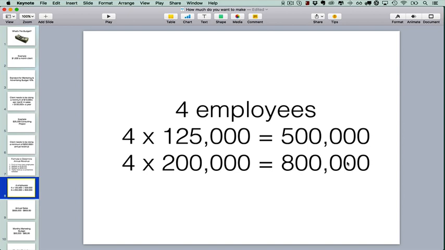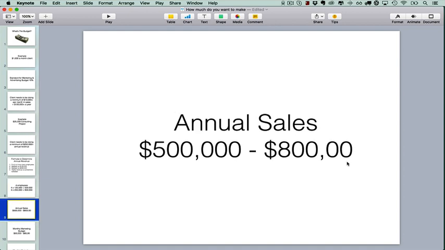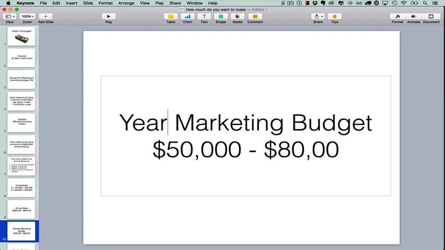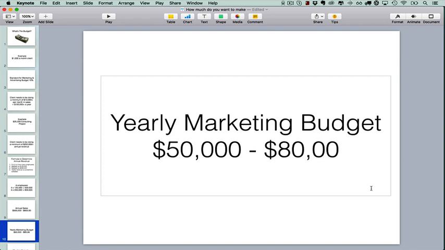Based off those numbers, we can figure out what their yearly marketing budget should be, or have a range for it. Based on $500,000 to $800,000 in sales, it should be 10% of those numbers. So their yearly marketing budget would be $50,000 to $80,000.